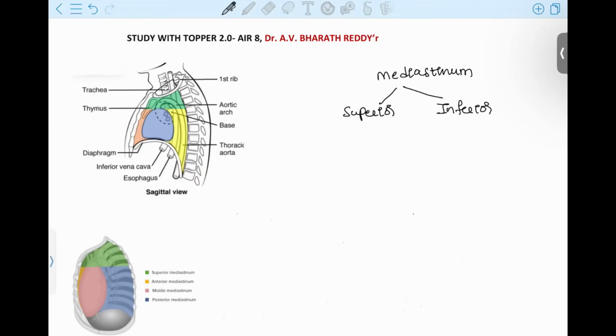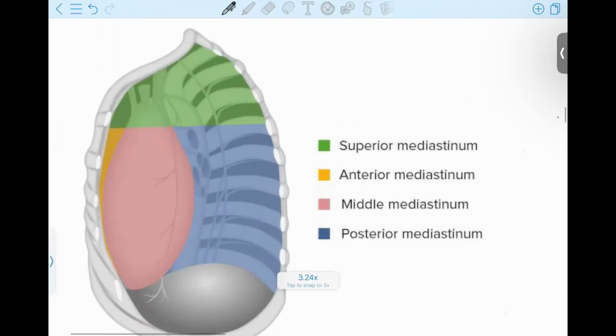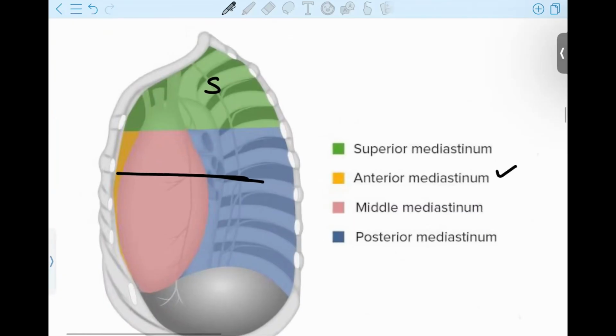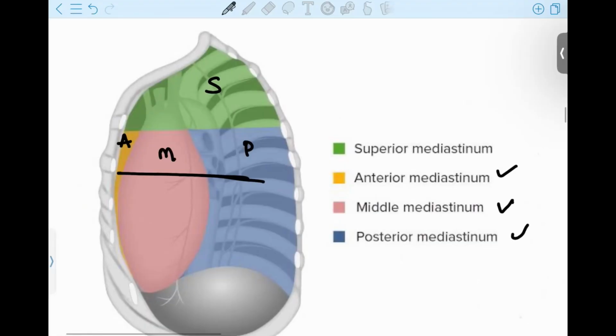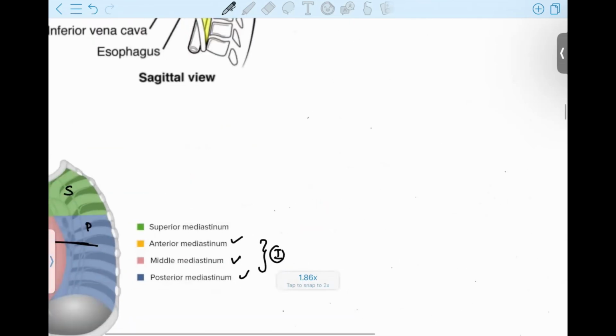Here you can see the differentiation. This is the superior one, and these three are the inferior one. The inferior is subdivided into the anterior, the middle and the posterior. These three are the divisions of your inferior mediastinum.